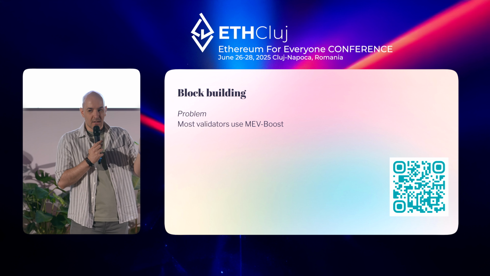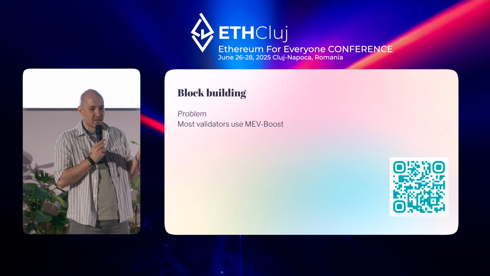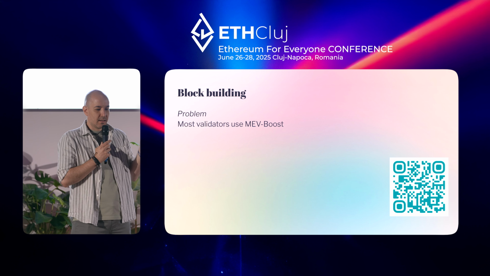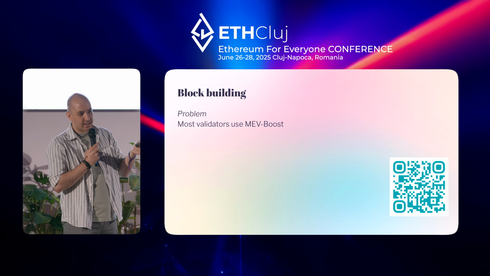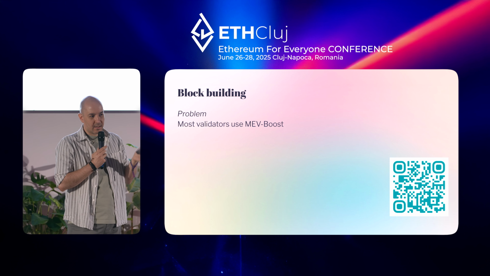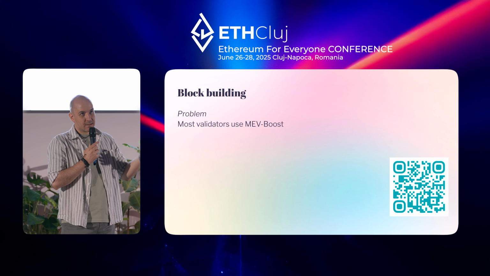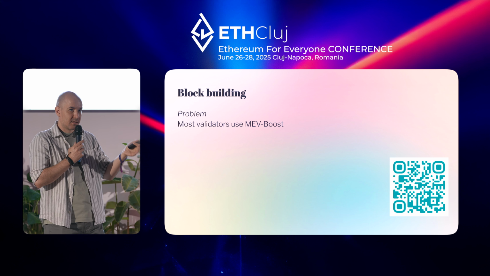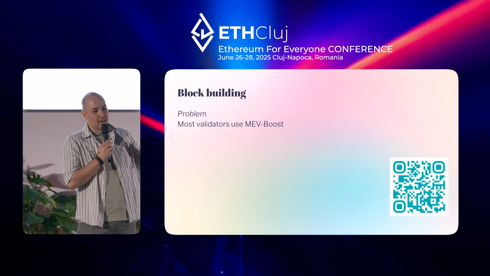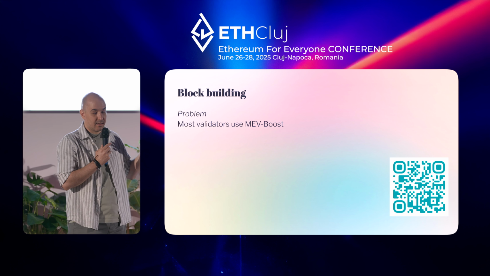MEV-Boost is not so trust-specific, but there is still a single checkpoint in the relays and how relays operate, and both the builders and the validators trust the relay will do the work correctly. There is a lot of trust assumption in this whole mechanism.